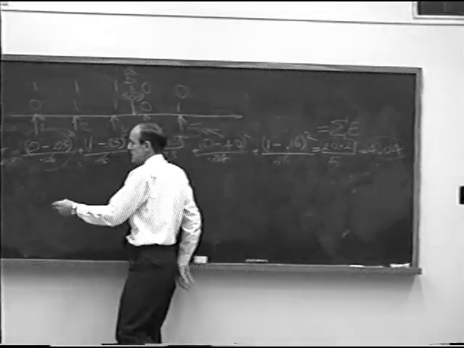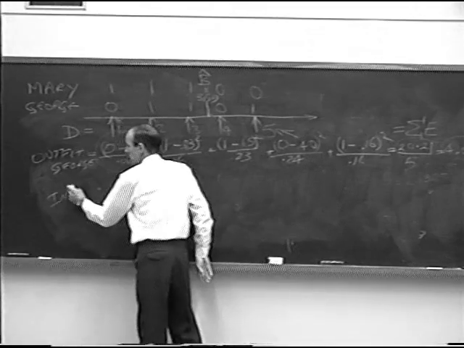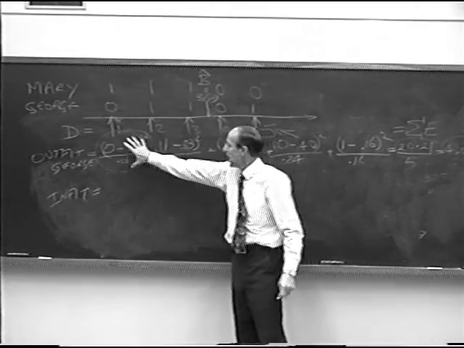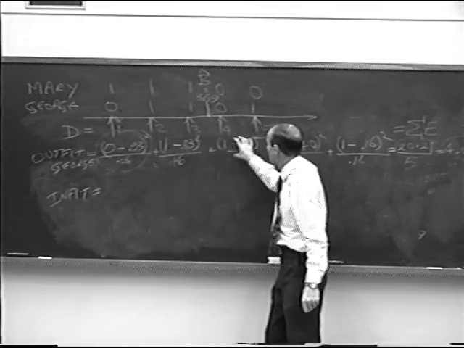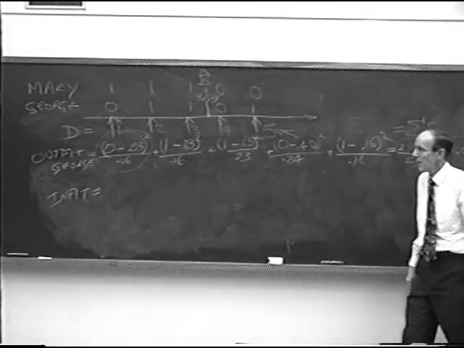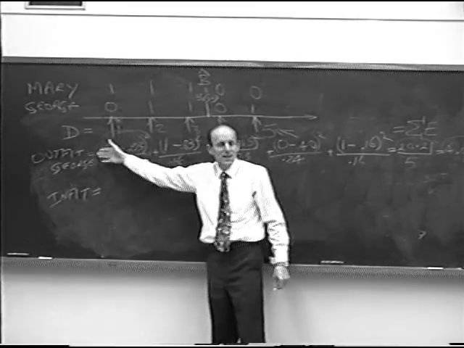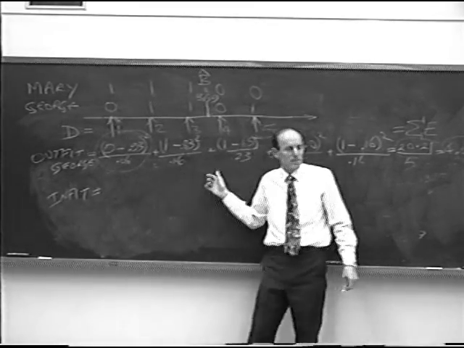The infit statistic, which is also called the information weighted statistic, takes a different approach. Instead of adding up the terms one at a time in the manner of the outfit statistic, it adds up all the tops and divides by all the bottoms.